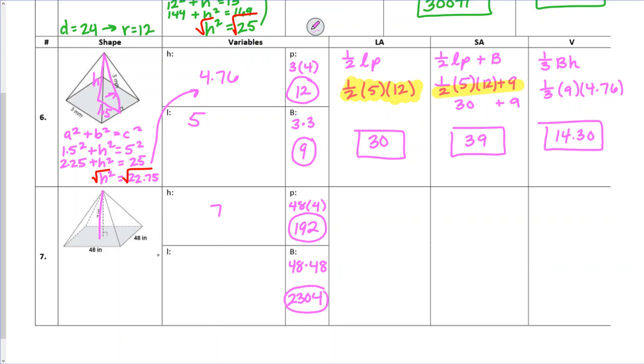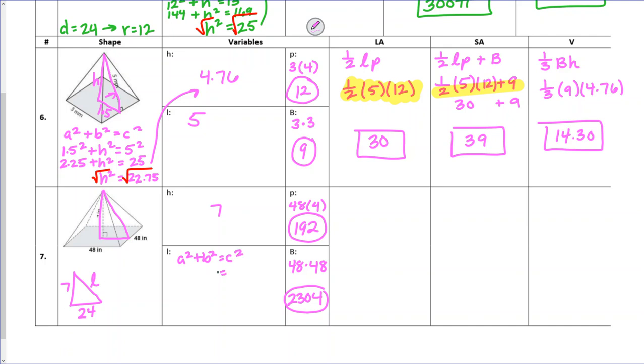All that's left is to find our L. So we have our height, if we go across, we get our slant. So we can make our triangle. I said height was 7. Now the base of our triangle, remember 48 is all of the square. We just want half of it. So half of 48 is 24. And then we're looking for the L. So to find L, we can do our a squared plus b squared equals c squared.